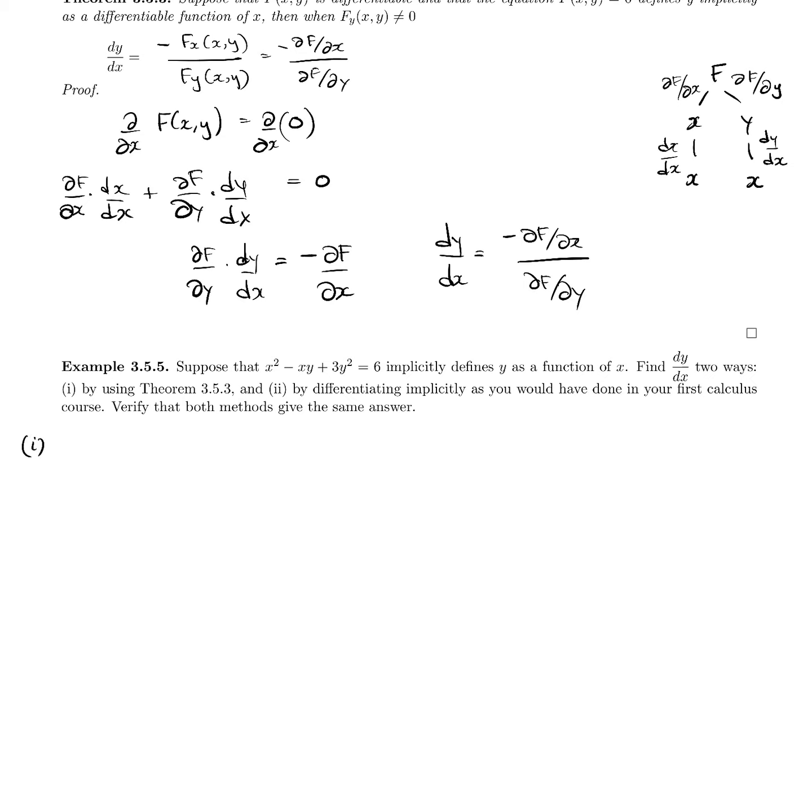So if we're going to use Theorem 3.5.3, we need a function. So we're going to let f of x,y be the function x squared minus xy plus 3y squared minus 6, so that if f of x,y is equal to 0, we have the equation that we're given, x squared minus xy plus 3y squared equals 6.